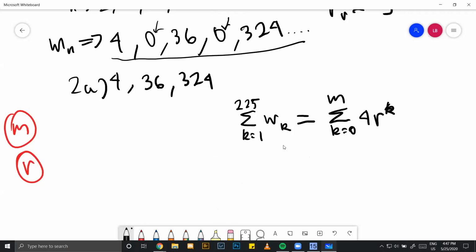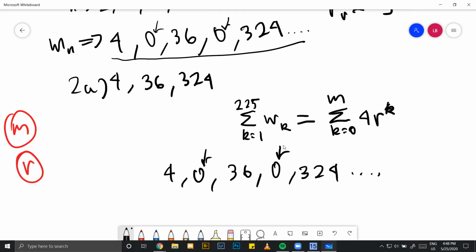Now let's look at what the Wk is, right? Wk is a sum of numbers: 4, then 0, then 36, then 0, then 324, and so on. When you sum it up, all of these zeros become trivial. They cancel out because the zeros aren't worth anything within the sum itself.